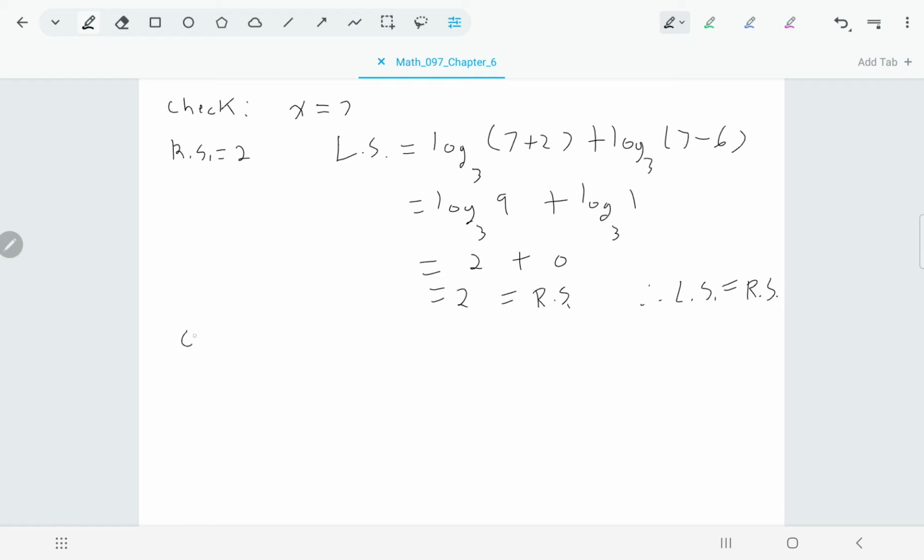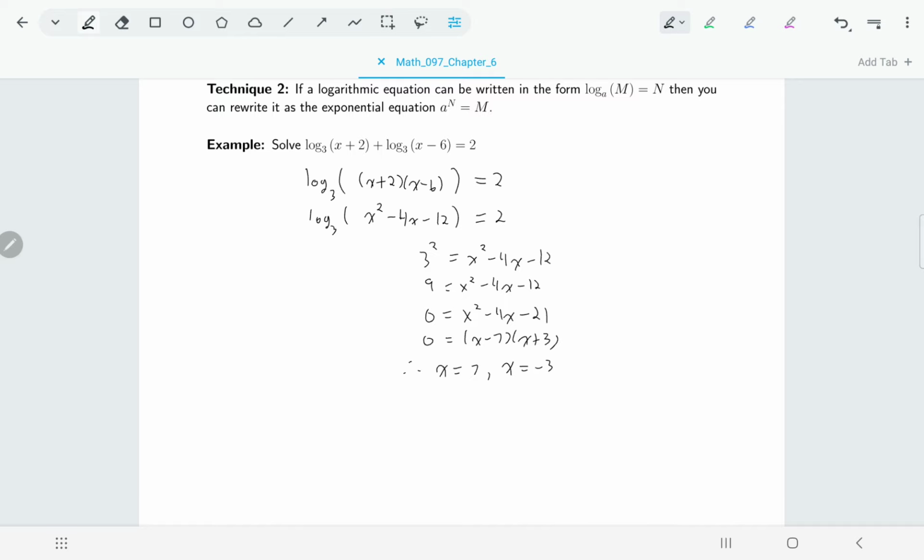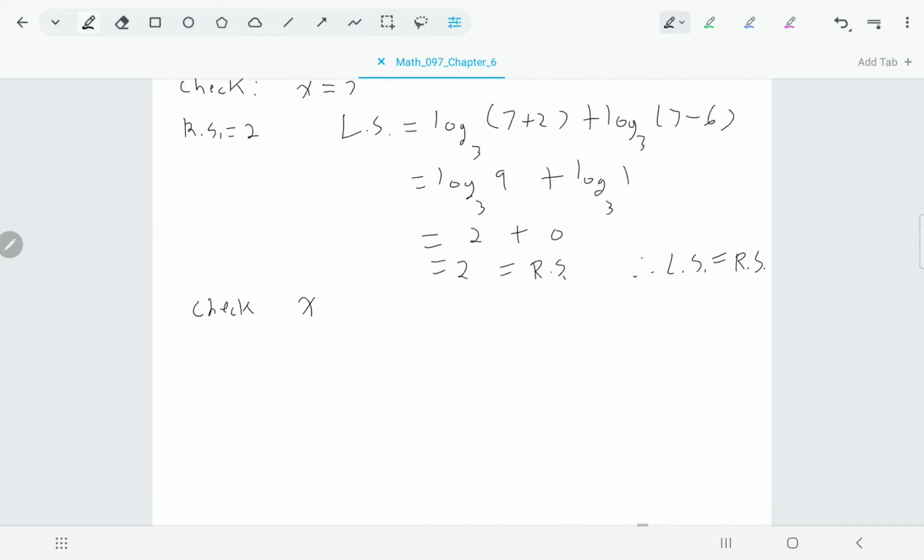If we're checking the other possible solution, the other solution that we had was negative 3. Same thing as before, right side is always just 2 in this equation, and in the left side, if we put in negative 3 for x, we'll have log base 3 of negative 3 plus 2, and log base 3 of negative 3 minus 6, which gives us 2 logs, and actually, unfortunately, both of them are undefined.